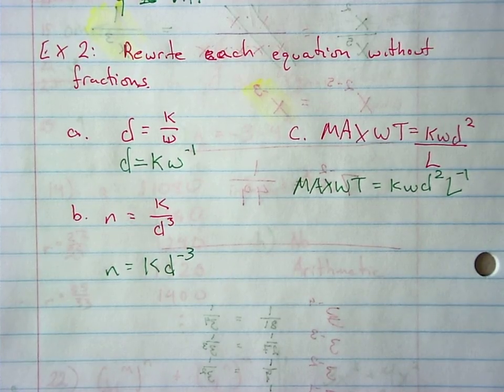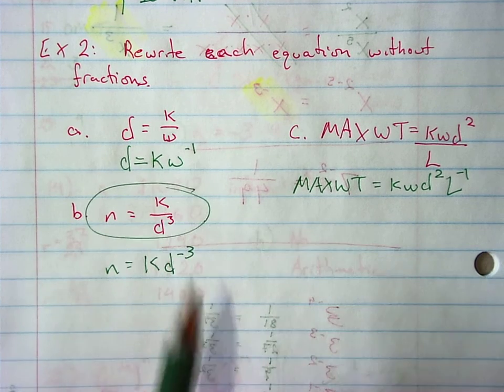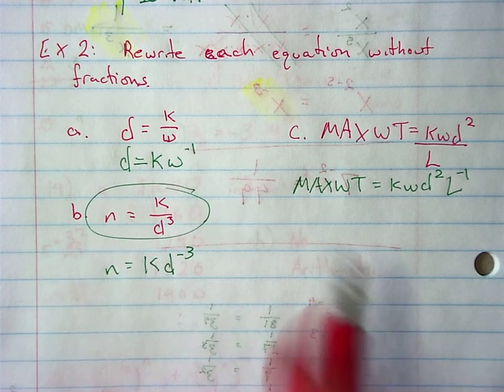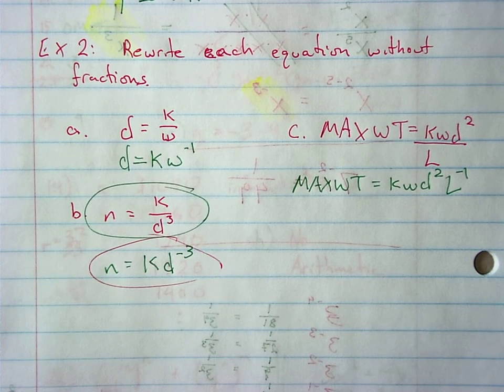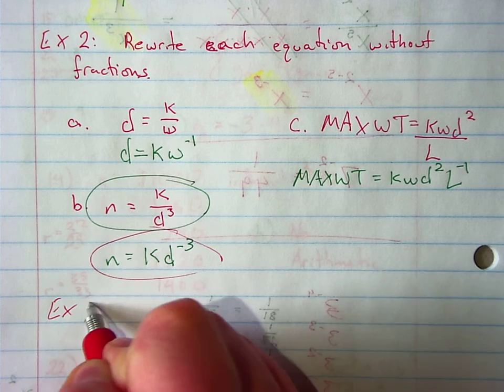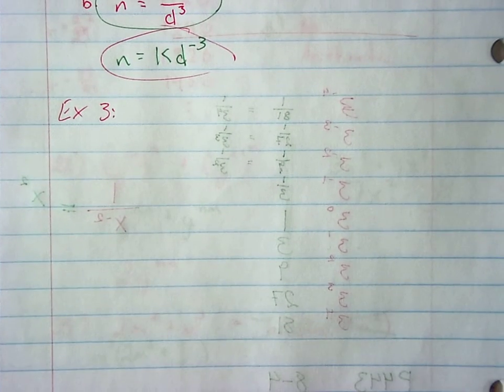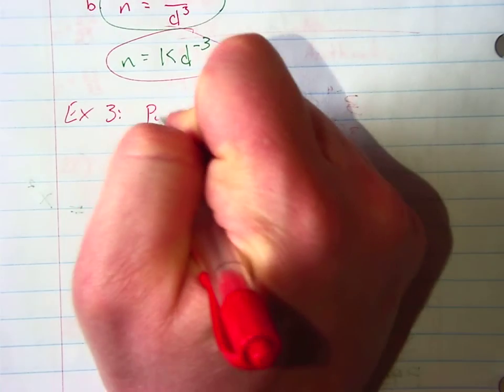Sometimes we want positives. We want something more like this. Other times we don't want the fractions and we want something more like that. So that will be made clear, which we are doing. So in example 3, we're going backwards. We are only going to have positive exponents.